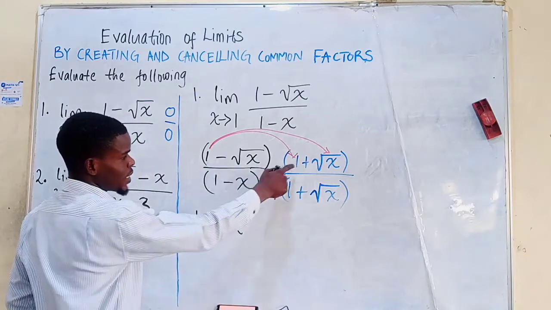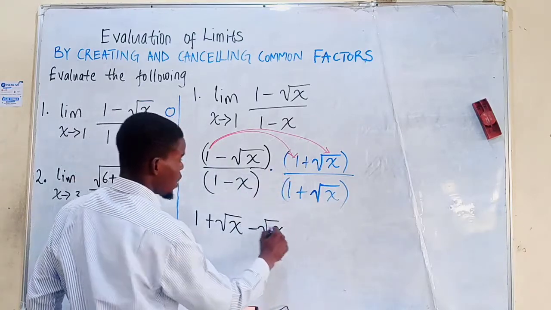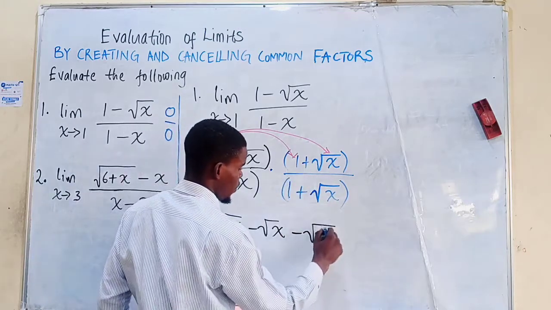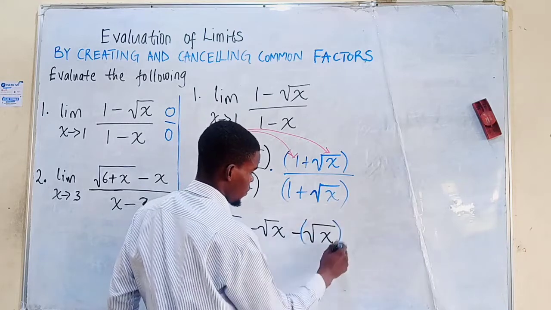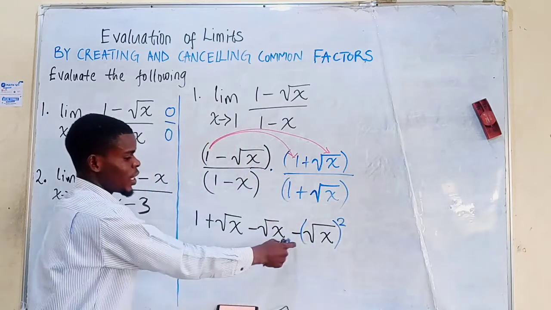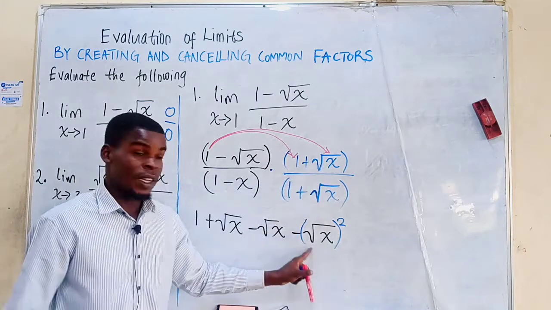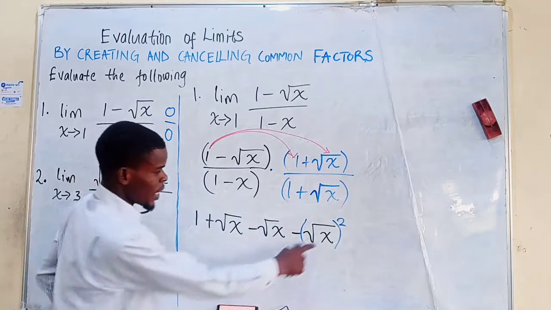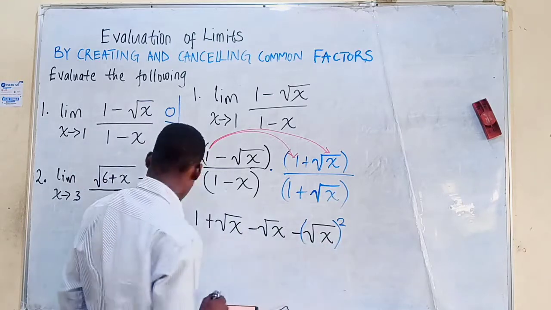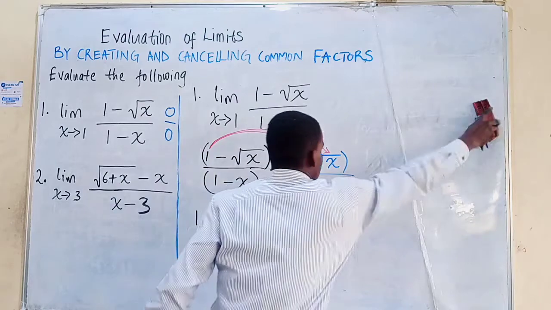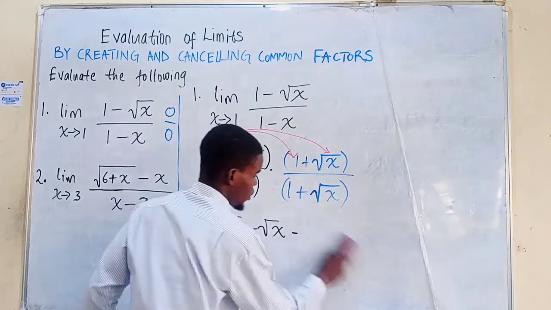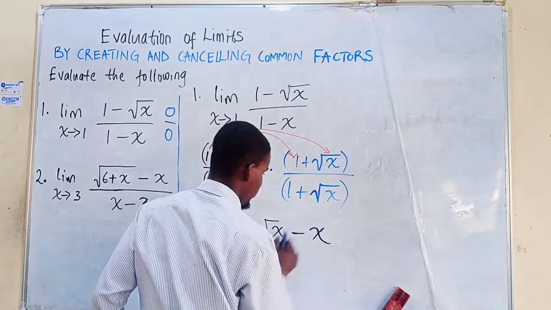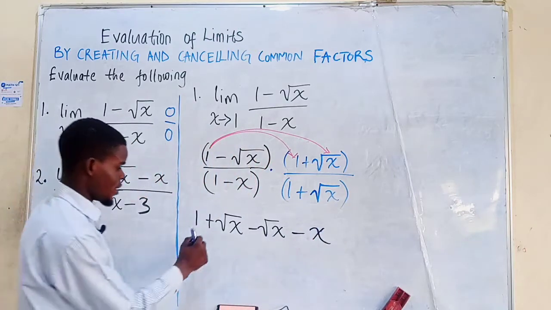The negative square root of x times 1 is negative square root of x, and then negative square root of x times positive square root of x, that will give us negative square root of x squared, right? Negative times positive will be negative, then square root of x times square root of x is square root of x squared. But anyway, the square and the square root cancel, and we are just left with x, right? So in that place, I can just write down x only. Good. That is possible whenever the input x is bigger than 0.